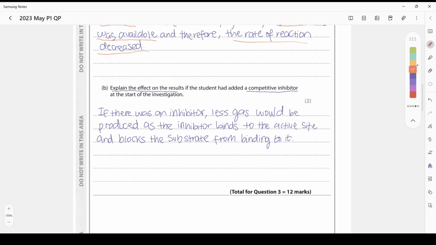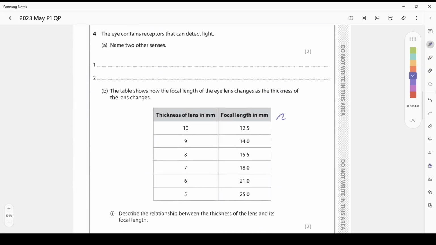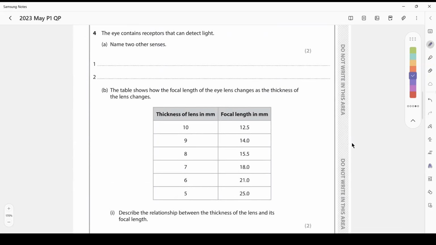All right, let's go over the marks. So the first mark is less gas would be produced, and the second mark would be the active site is being blocked. All right, let's go on to question 4.